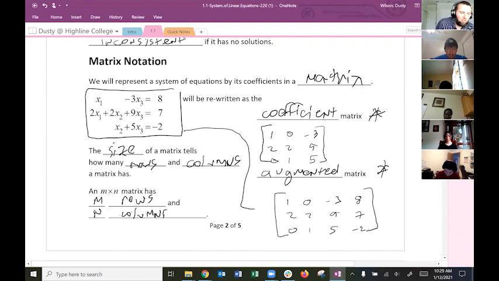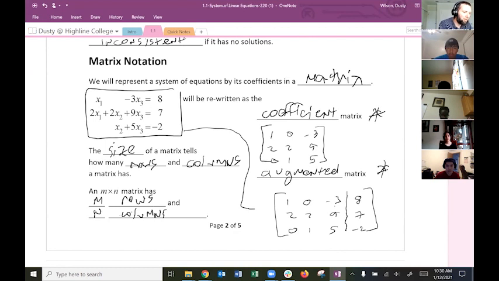For augmented matrices, you can just leave them in this form, but usually we also have either a solid line or a dotted line here dividing what it's equal to from the coefficient matrix, to kind of separate out the coefficients on the left and the other stuff on the right. That line is in your head. Like you don't have to write that line. It's just kind of can help you.